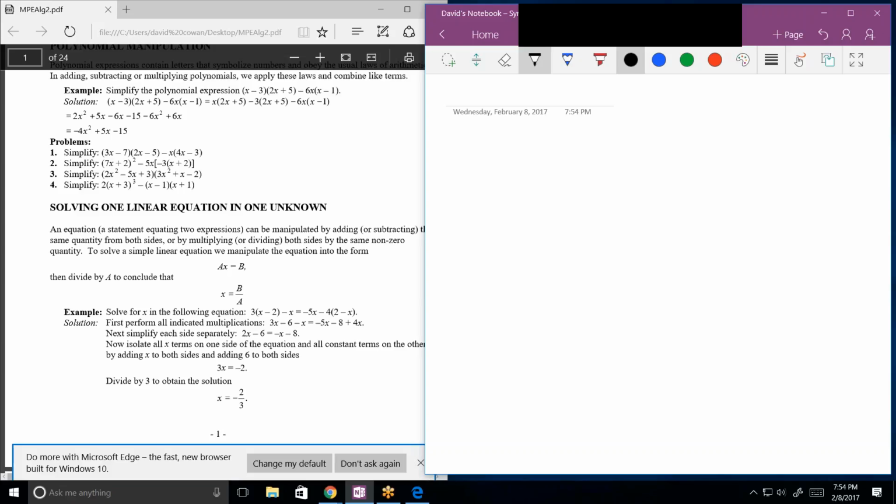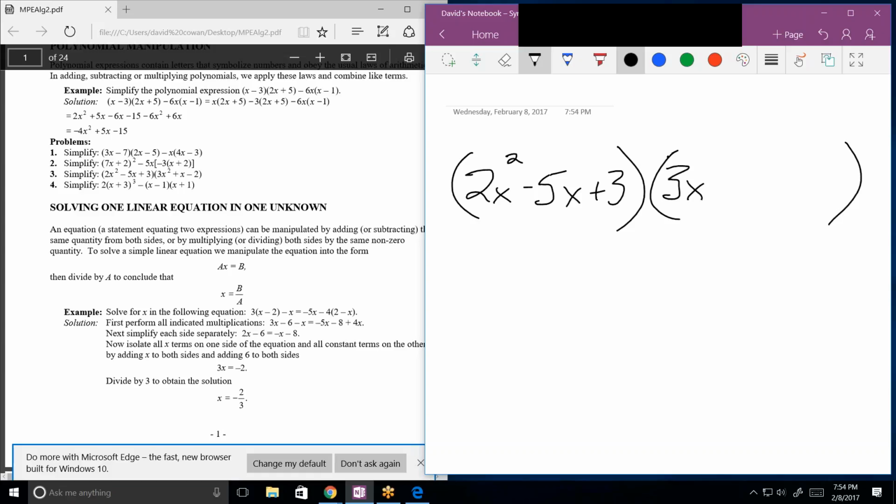Let me see if I can write this small enough. And what I usually teach my students isn't FOIL, it's something I call ET-ET. And what ET-ET means is you're going to multiply every term by every term. Okay? And you want to do it in a consistent manner.